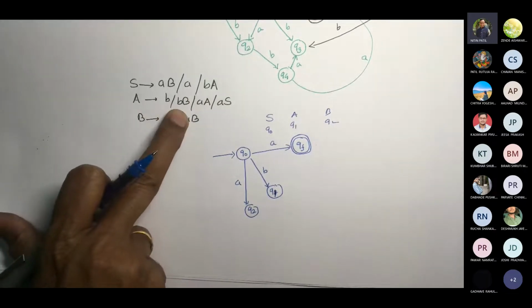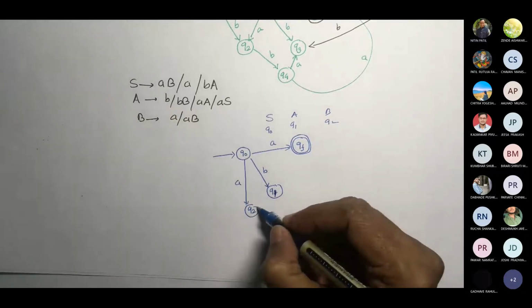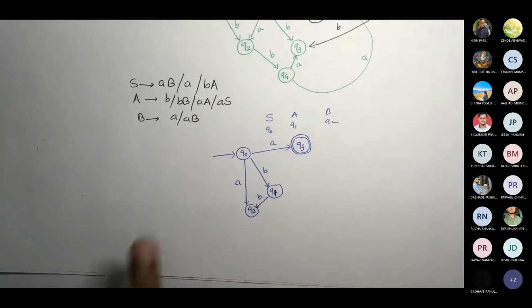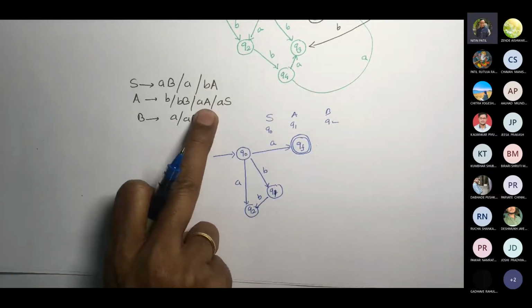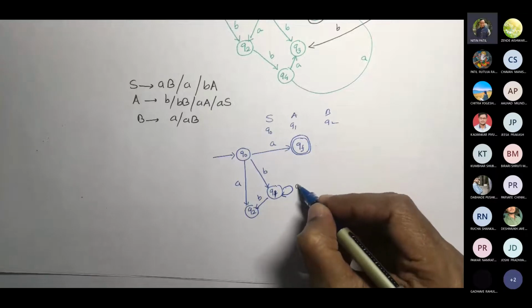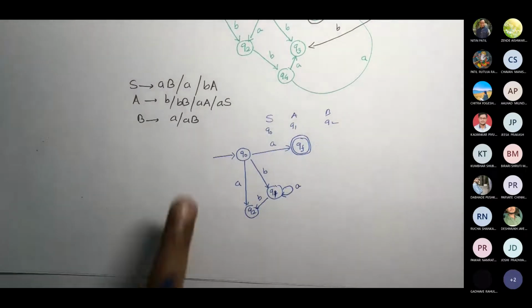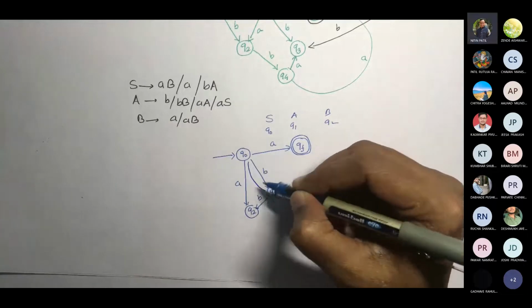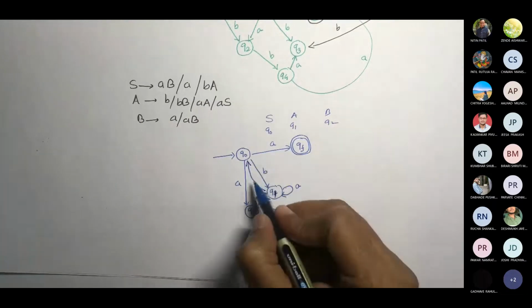What is B? Q2. So we will have this, correct? A gives AA. A is Q1, so self loop, correct? A gives AS. So AS would be this.